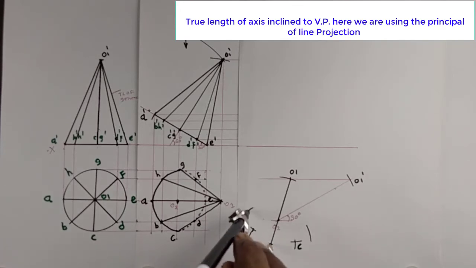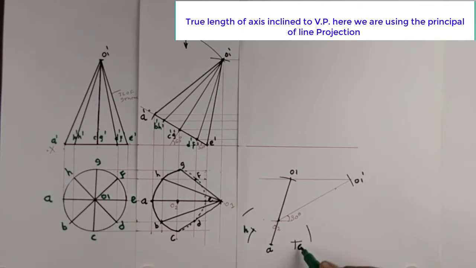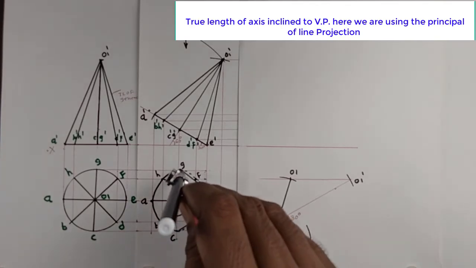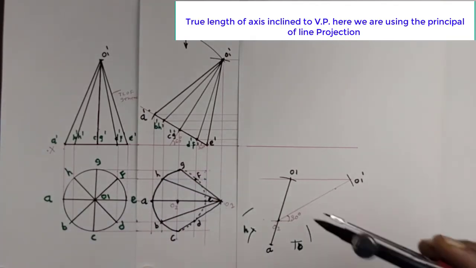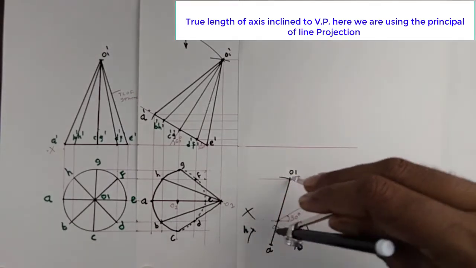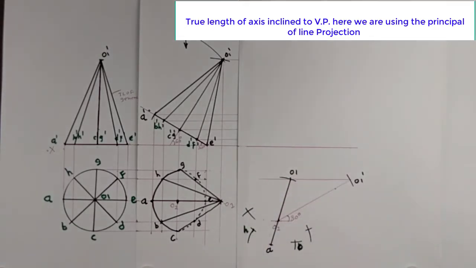You can draw the arc on both sides. Now from O1 to C, O1 center, you can draw the arc on both sides. So it is giving your C point and C point.